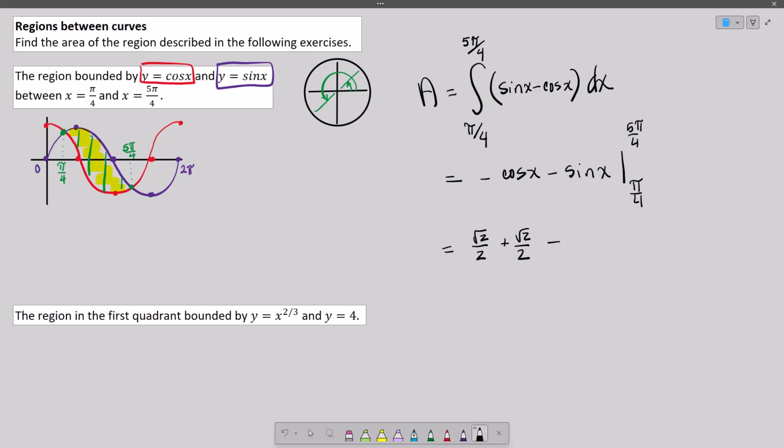But then we distribute this minus sign here, so we're going to end up with plus root 2 over 2, plus root 2 over 2. So we are going to end up with 2 root 2. That will be the area, the exact area between those two curves on that interval.